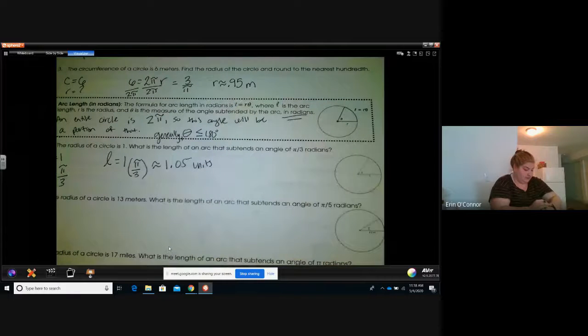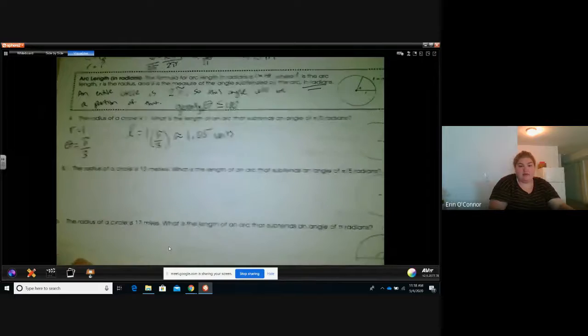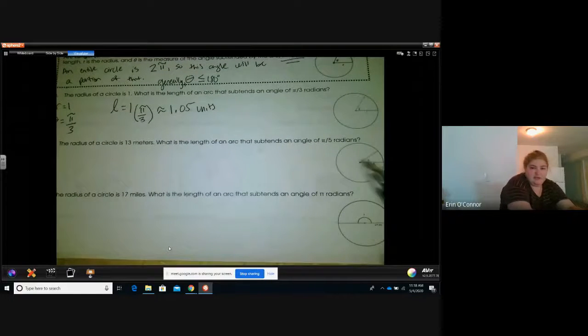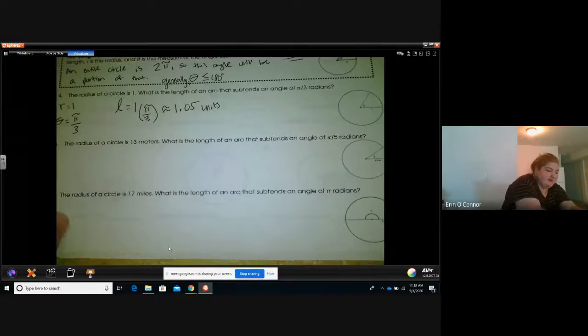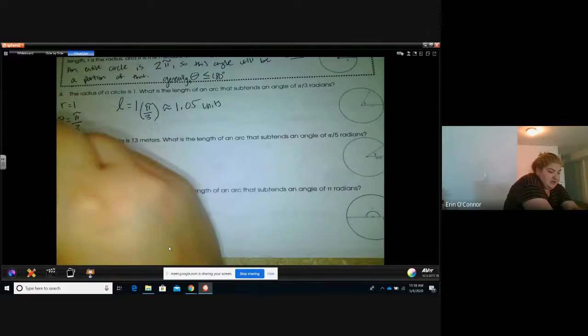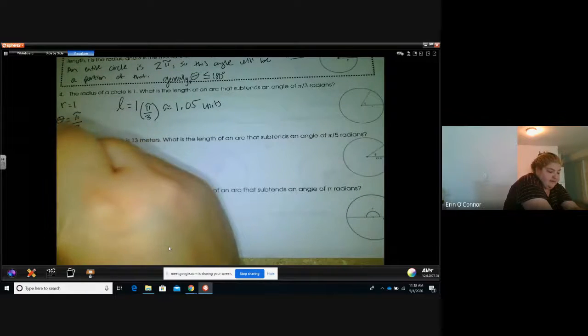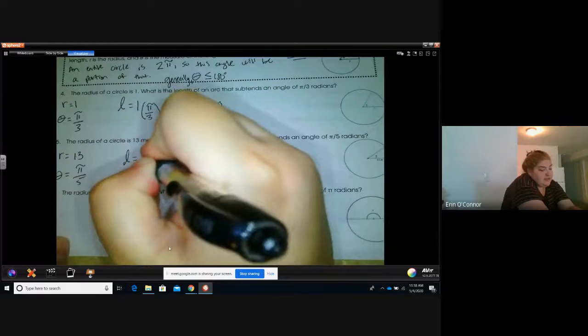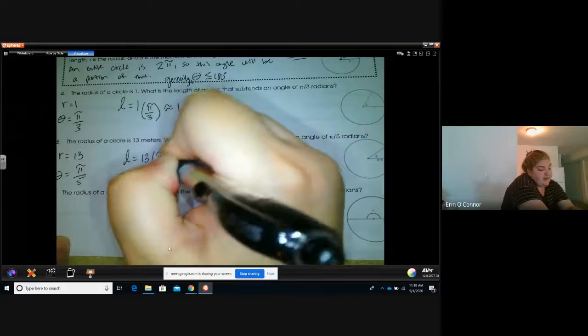Okay. Continuing on. The radius of a circle is 13 meters. So this time we have units. And I know there's a really small picture here for you to see. What is the length of an arc that subtends an angle of pi over 5 radians? So the r is 13. Theta is equal to pi over 5. And we plug them in. L is equal to 13 times pi over 5.